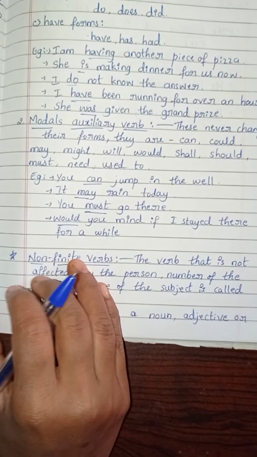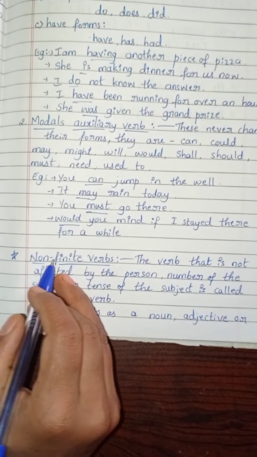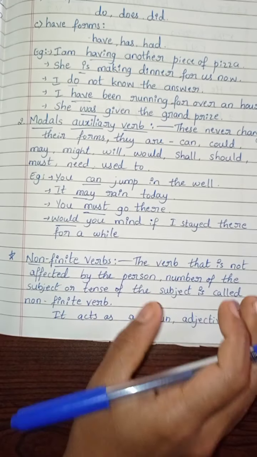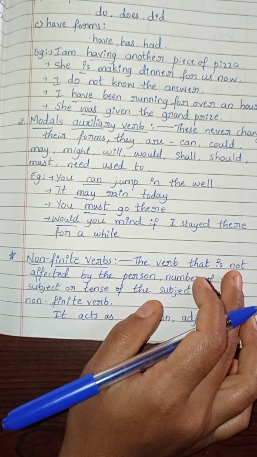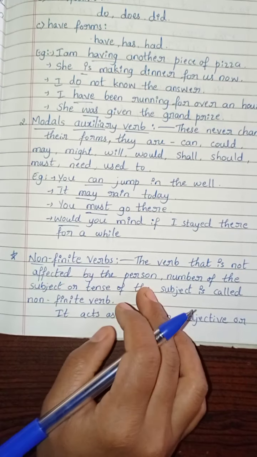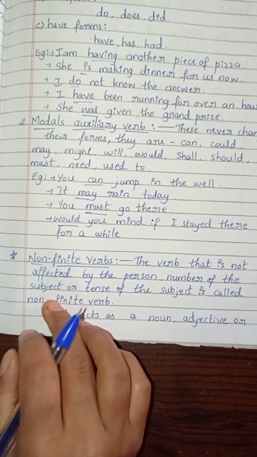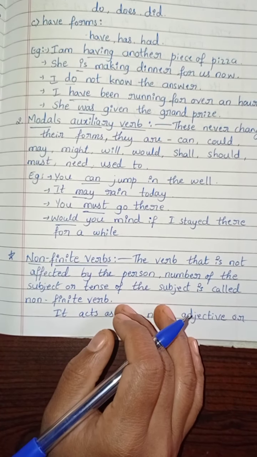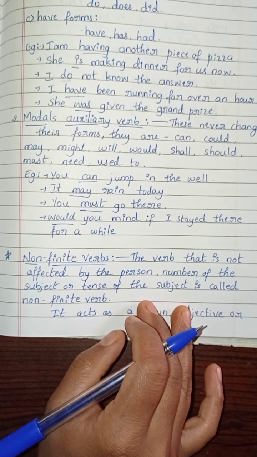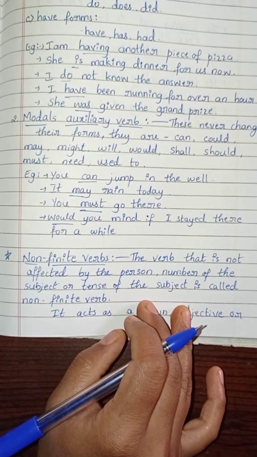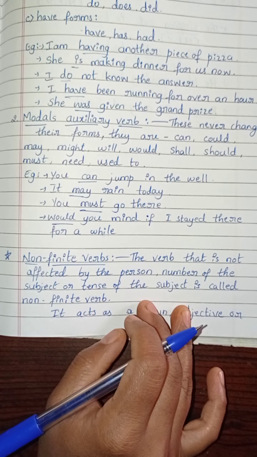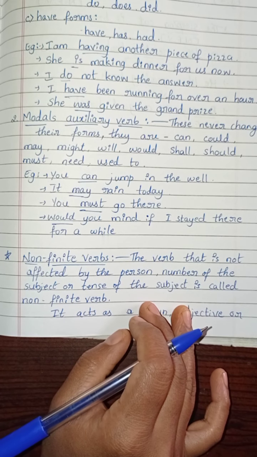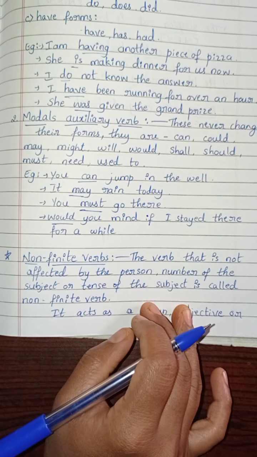Now come to the second main type, that is non-finite verb. What is it? The verb that is not affected by the person, number of the subject or tense is called a non-finite verb. I have told you the verbs which change according to tenses, persons and numbers are called finite verbs. This is the opposite of the finite verb.